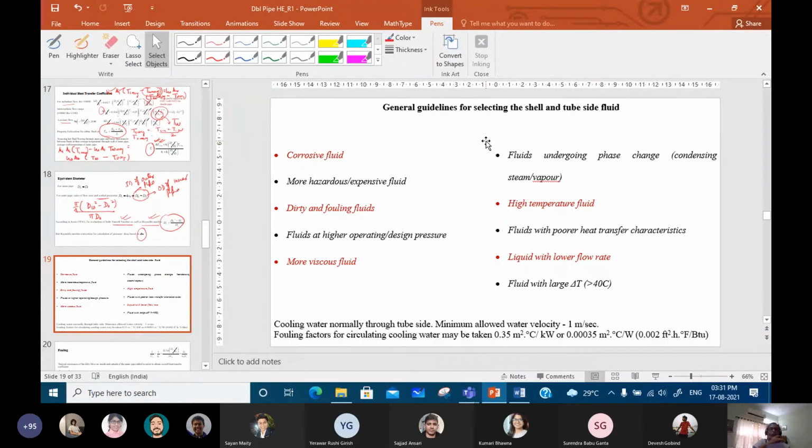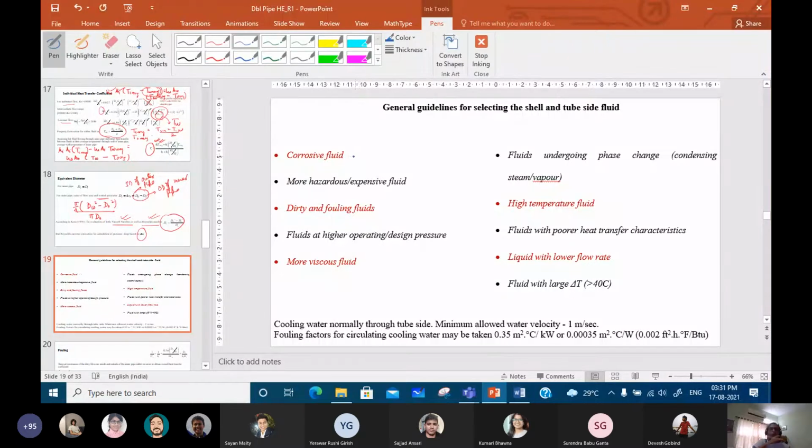So very quickly, without my calling names, if you can tell me how to decide each of them, then I can finish off the remaining part quite quickly. Because unless we discuss this, it will be difficult for you to go ahead with the design. So can you tell me what the general guidelines are? I repeat, the same guidelines will be applicable in shell and tube heat exchangers as well.